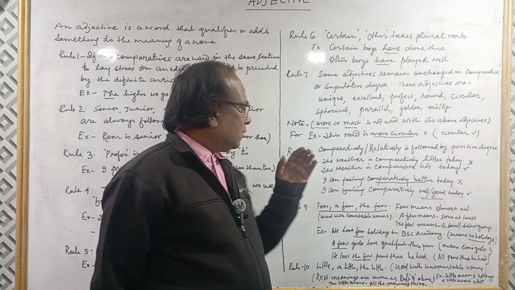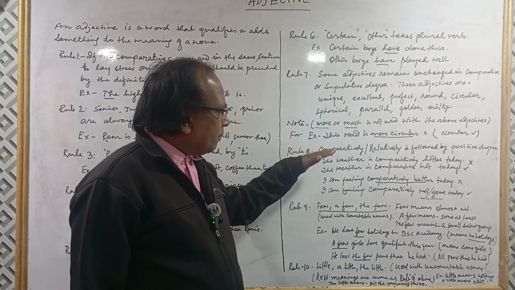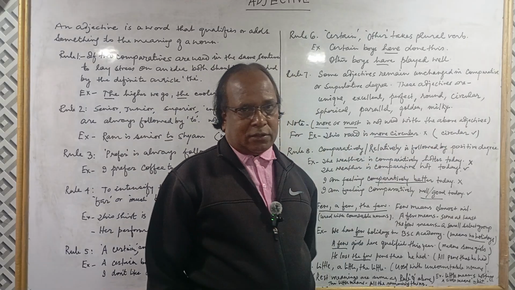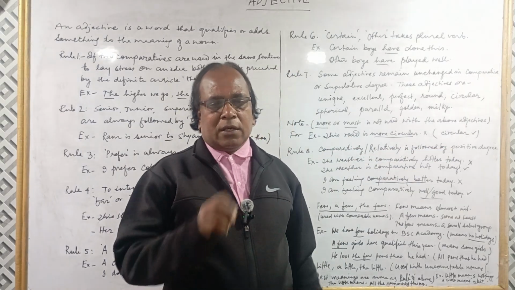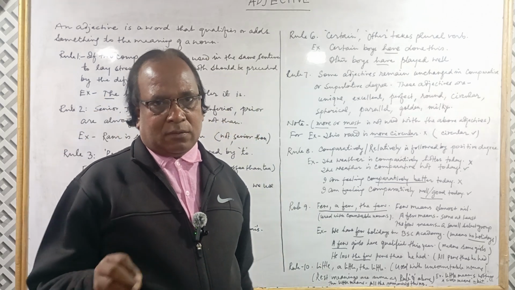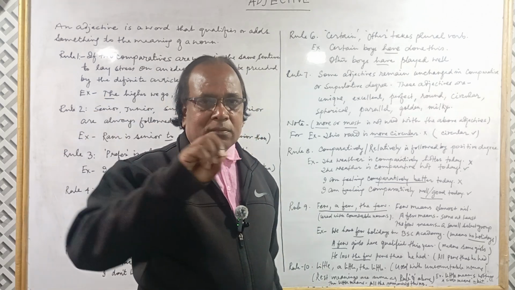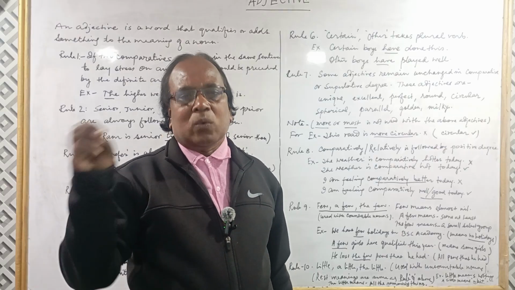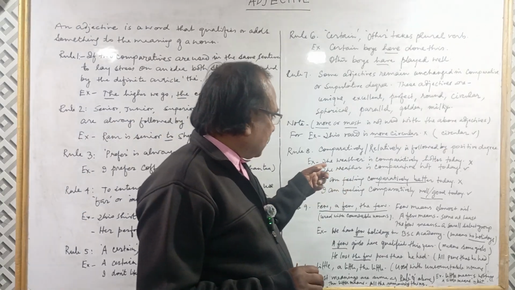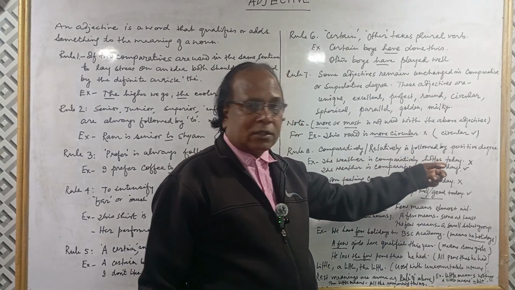Now, rule number 8. Comparatively and relatively are followed by positive degree. The rule says in a sentence, no two comparatives should be used. One comparative and one positive degree word should be used. Example: the weather is comparatively hotter today.